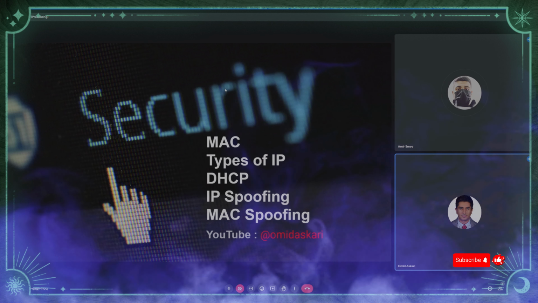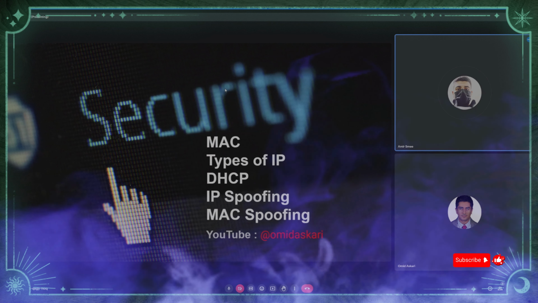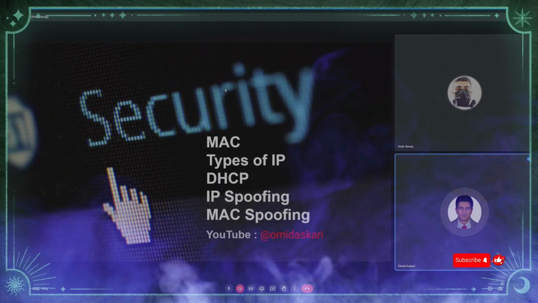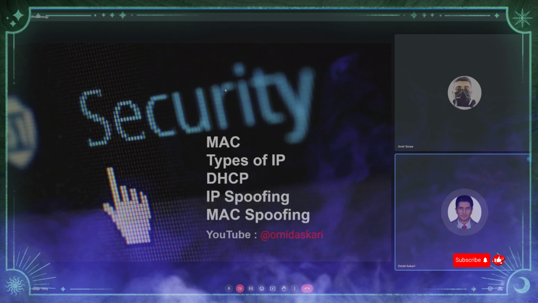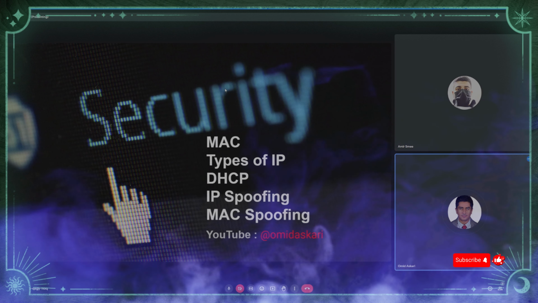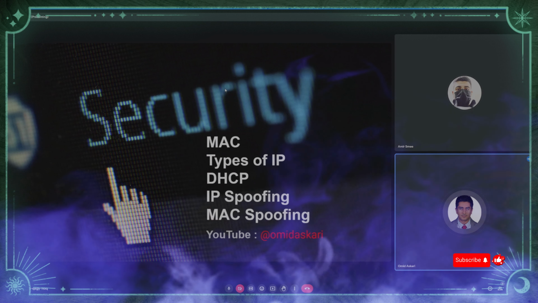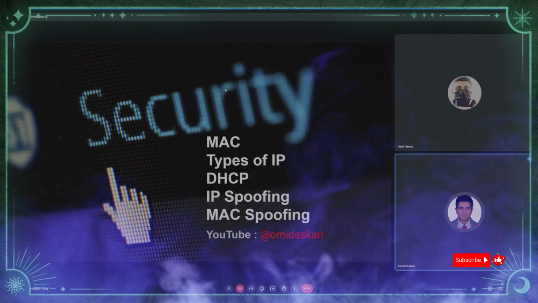Three. What are some of the emerging technologies that could be used to address the challenges of IP and MAC spoofing?